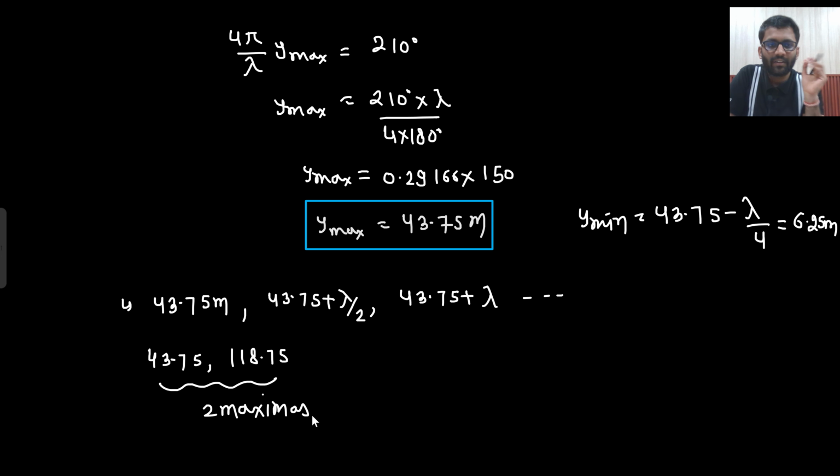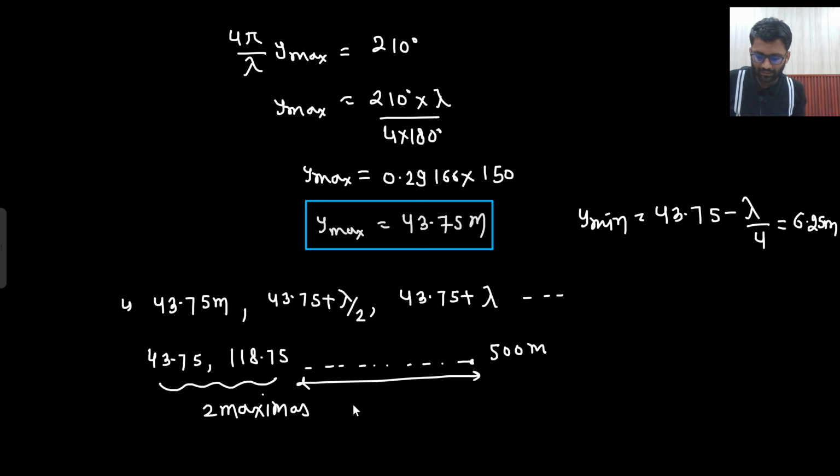Now how much length is left? 500 minus 118.75, so the length left is 381.25 meter. In this length, at every 75 meter, starting from here, you have one maxima.